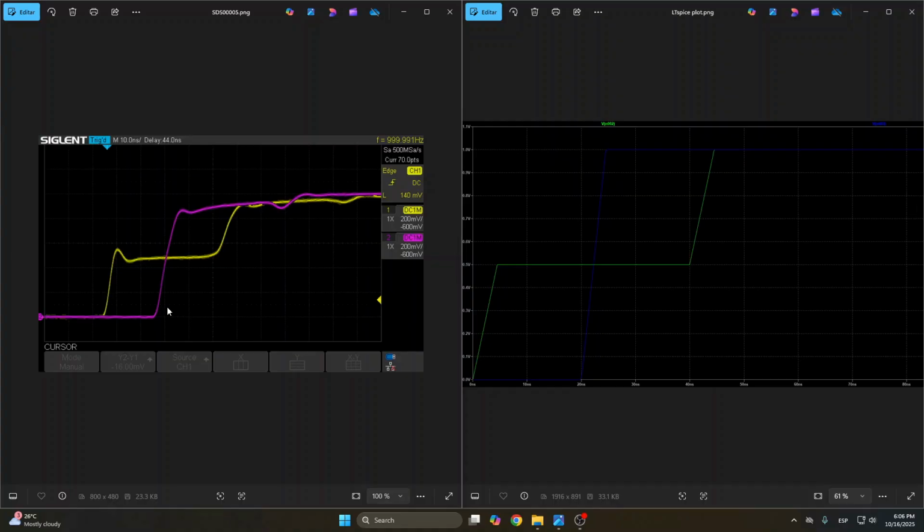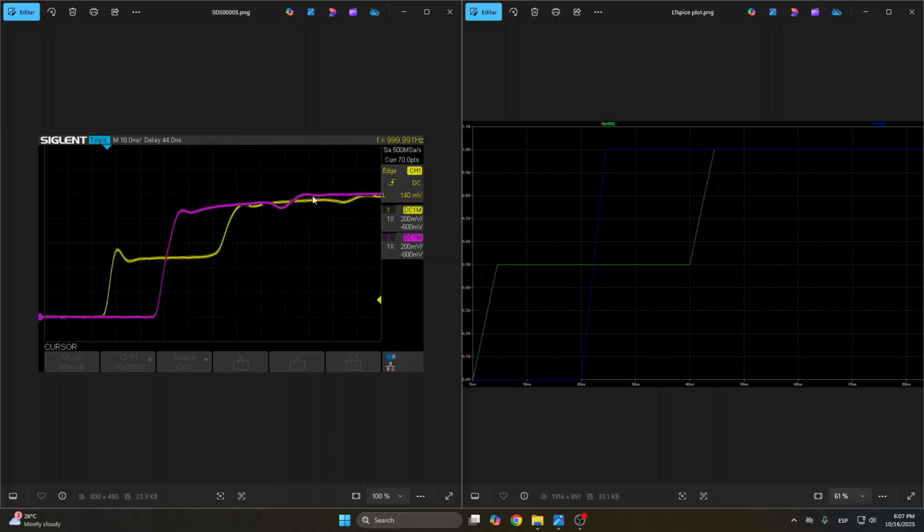Also, the purple line, which represents the blue line, rises up after some delay with respect to the yellow line. It rises up to 1 volt. Of course, again, there are some minor differences with the simulation. This one doesn't rise completely up to 1 volt. It takes some time to build up until it finally reaches 1 volt.